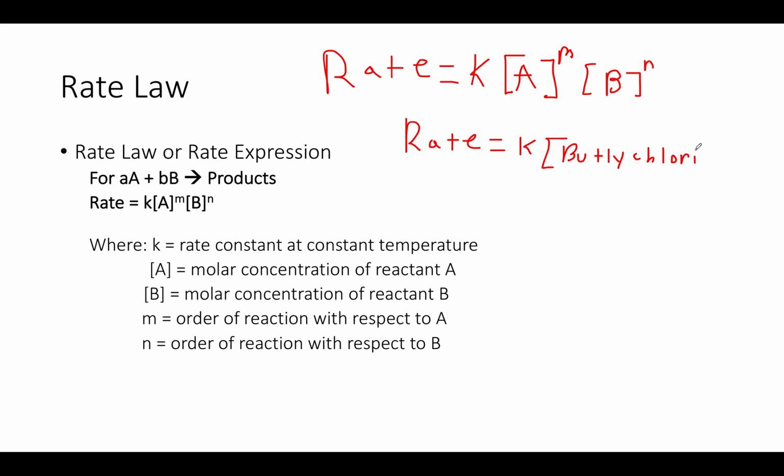Now, I don't know the order of how this reaction occurs, so I'll just write that as M, and then the concentration of water, running out of room here. And I don't know the order either here, so I would just put that as N. So the overall order of the reaction would equal the sum of the orders, M plus N, and that would equal your overall order.